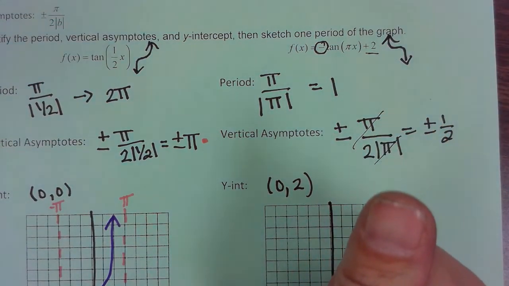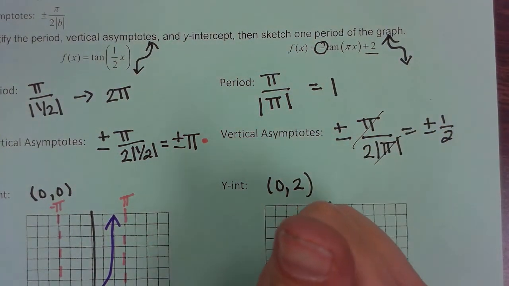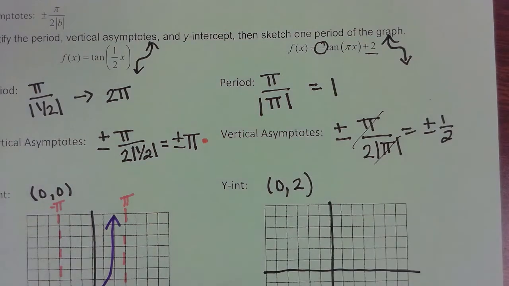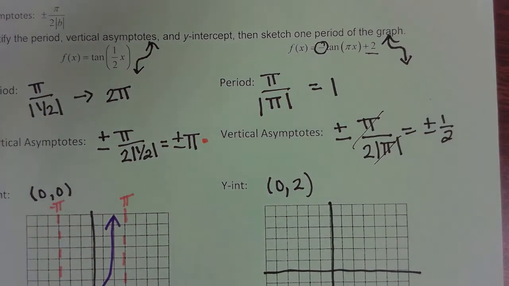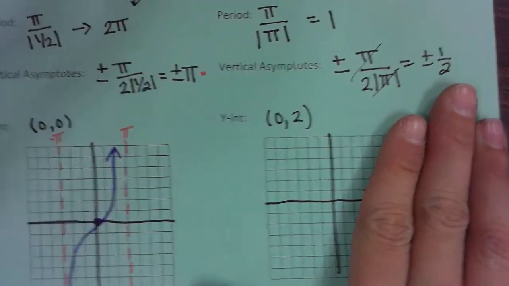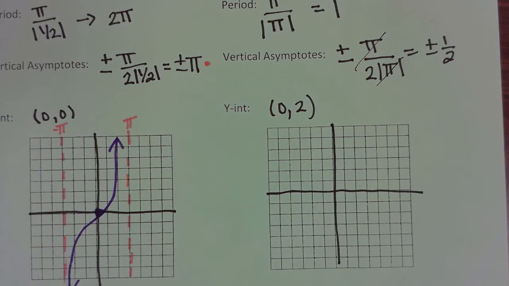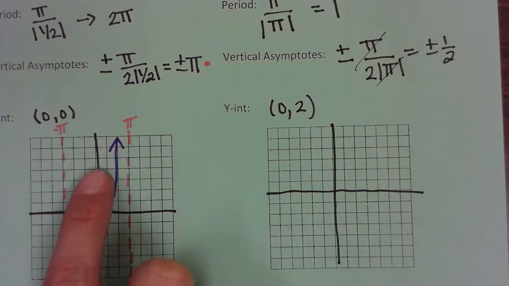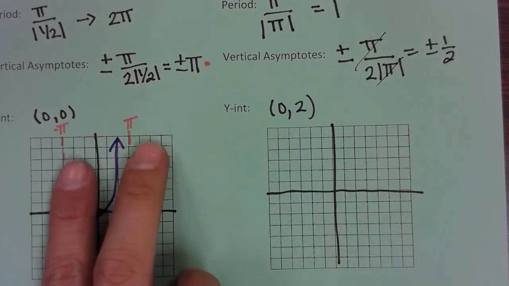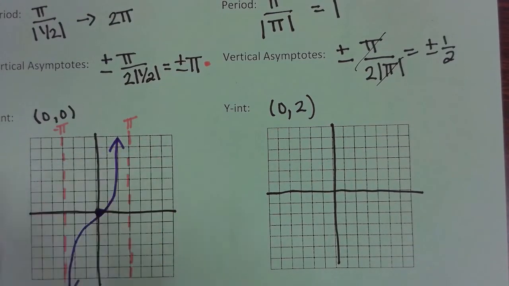I'm going to draw my x and y axis in black. This time I'm going to make my asymptotes a little bit differently shaped, because I want you to see that it is correct, even though some people put their asymptotes closer.